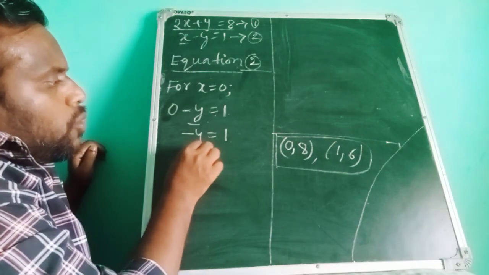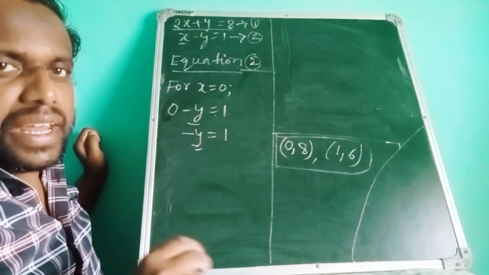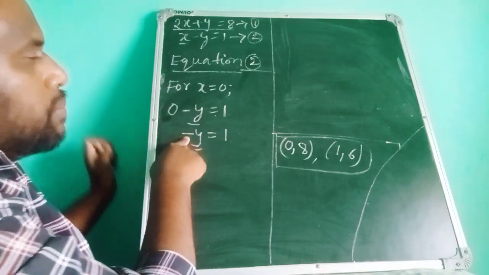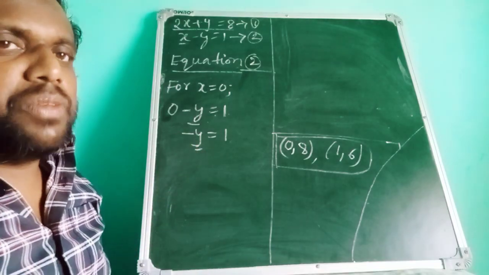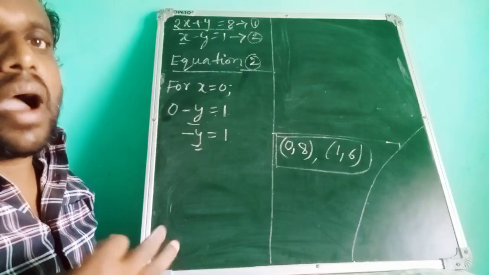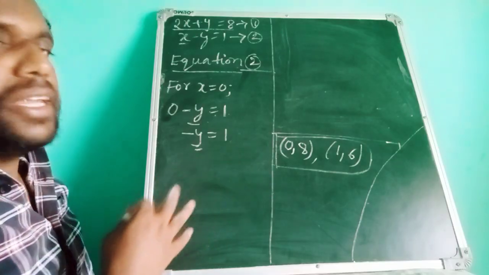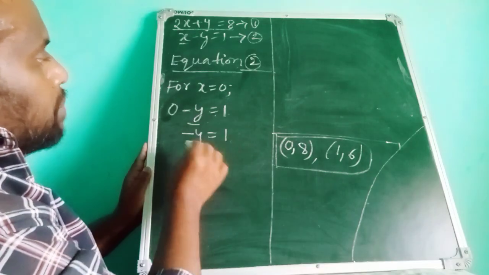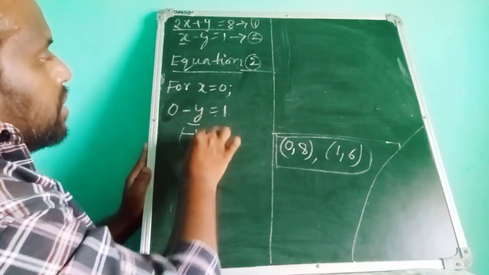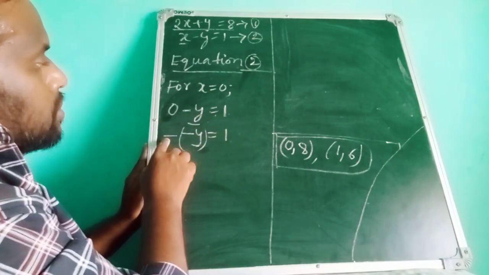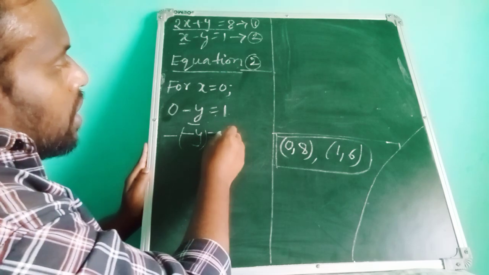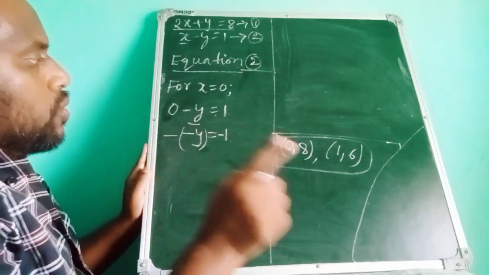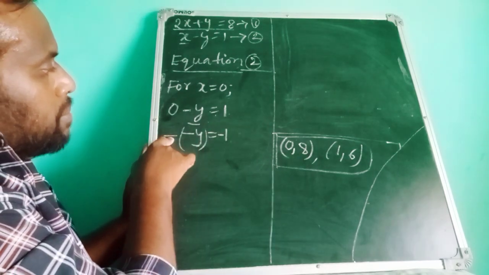See, we want y, not minus y. So we have to remove the minus sign. Simply we cannot remove it. We have to do some operation. So multiply both sides by the minus sign. When I say multiply, put brackets: minus into this, and here you put minus. So both sides I am going to multiply by minus sign.